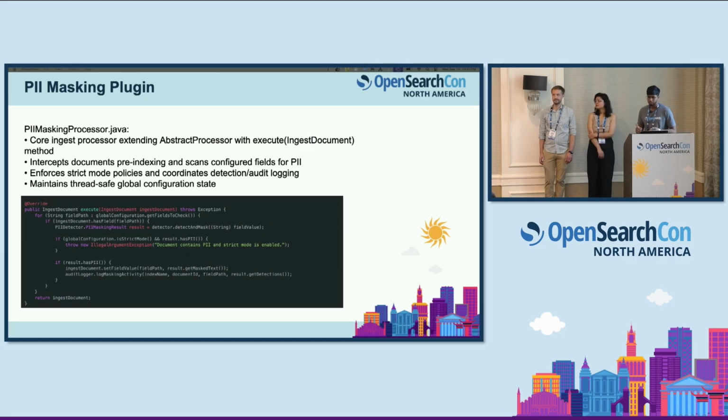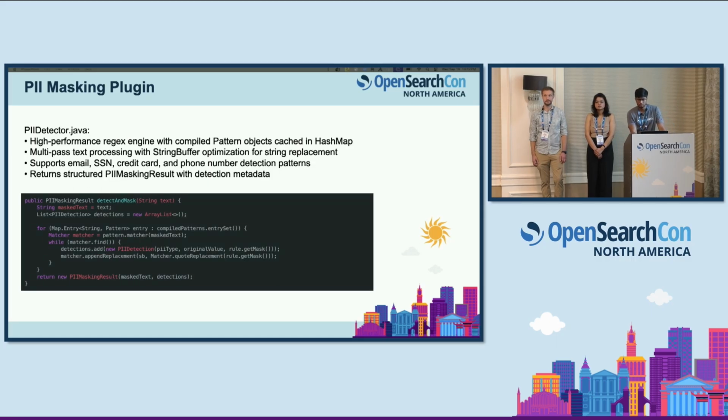In this case, we will be masking the message, user email, and the details field. It enforces strict mode policies and coordinates with the audit logging. It updates the documents with the masked content before indexing. It mostly serves as an orchestration layer that manages the complete PII detection and masking logic within the OpenSearch ingest pipeline framework.